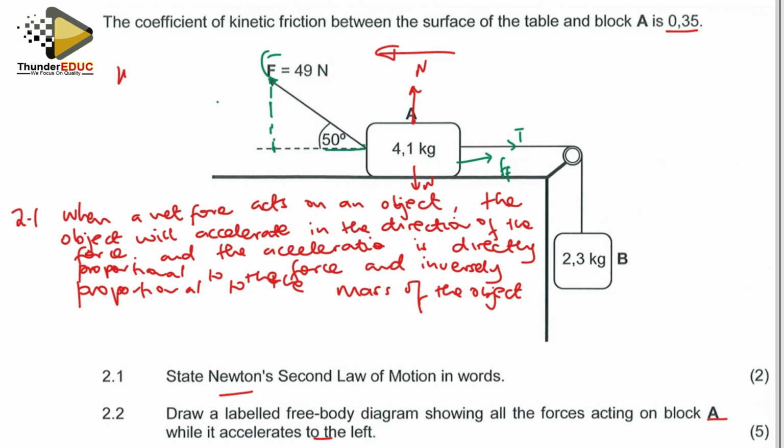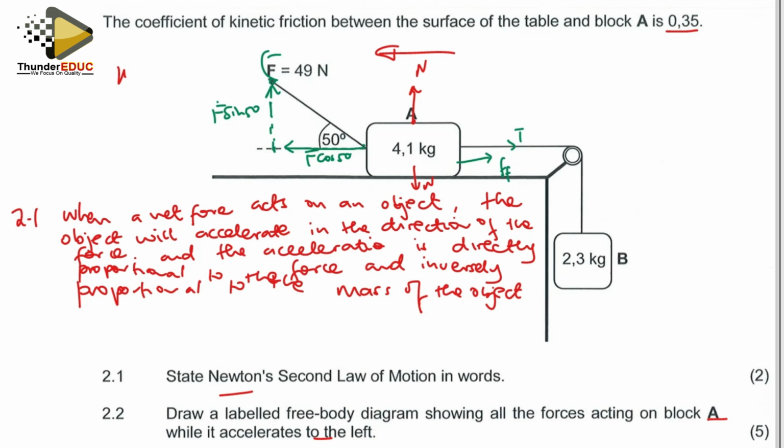If I'm to break this down into two components, this is going to be the F sine of 50, and then it's going to be the applied force, the cos of 50.